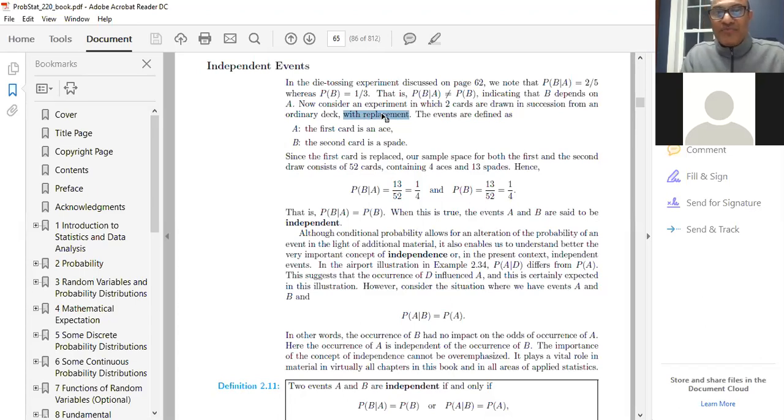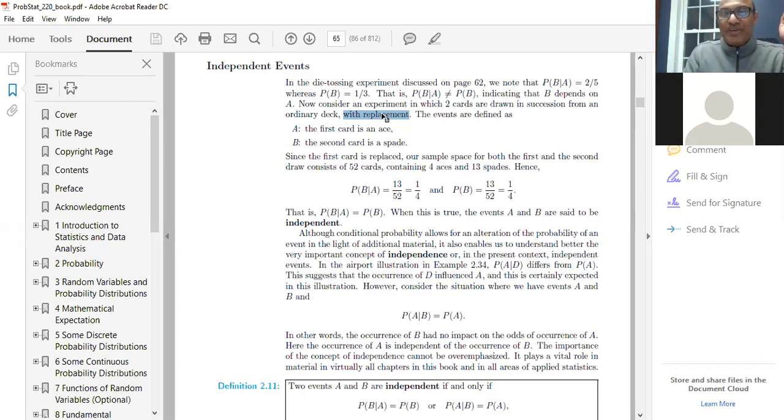Now the first card is an ace. How many aces are there? 4 aces, right? Diamond, club, spade, and heart, black and red. 4 aces are there out of the deck of 52.